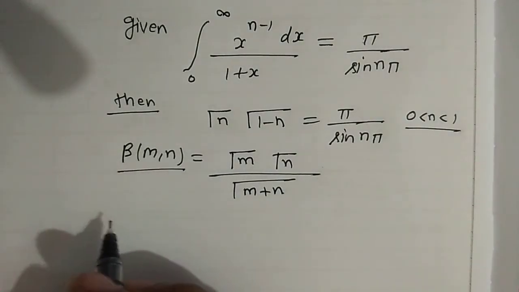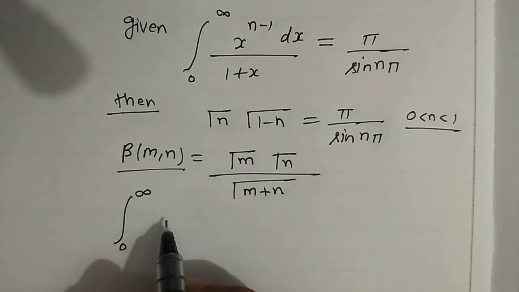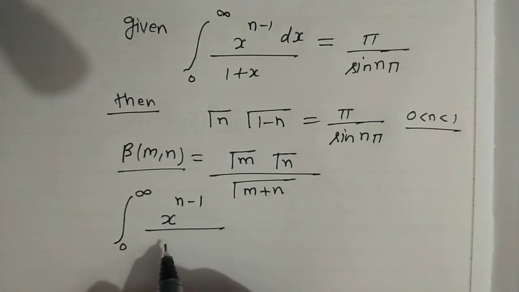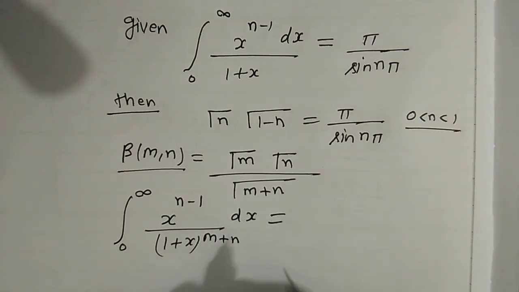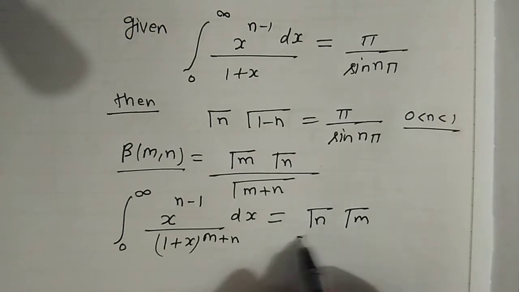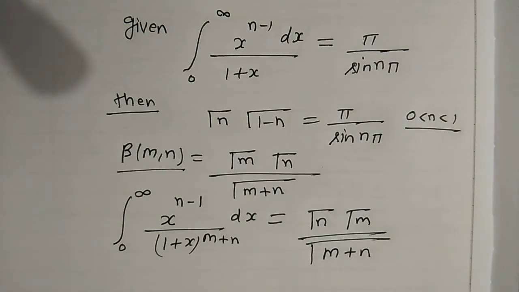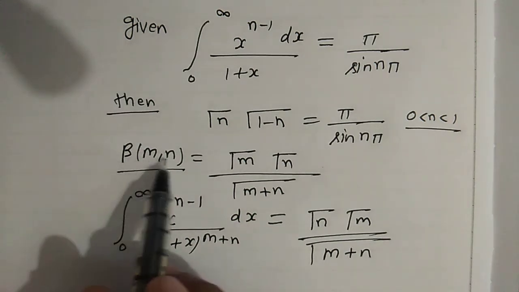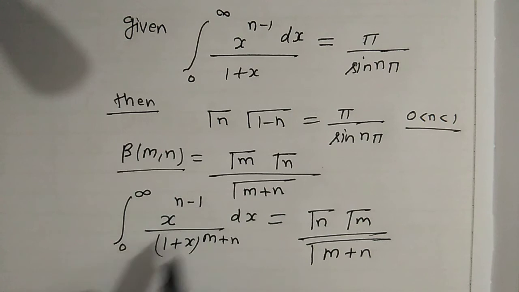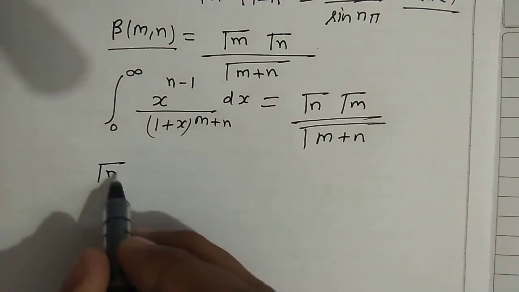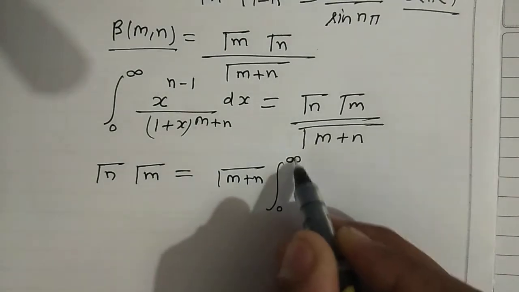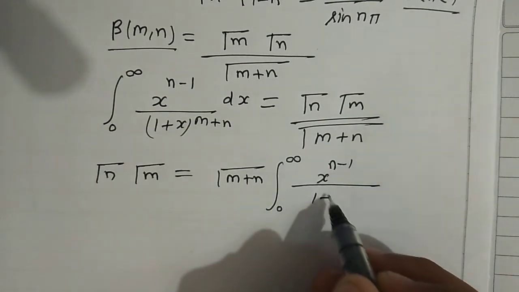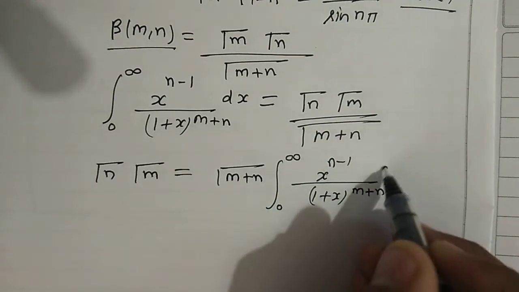In place of beta, we can write the integral from 0 to infinity of x power m minus 1 divided by (1 plus x) power m plus n, dx, equal to gamma m gamma n divided by gamma(m plus n). This we know as beta(m, n).